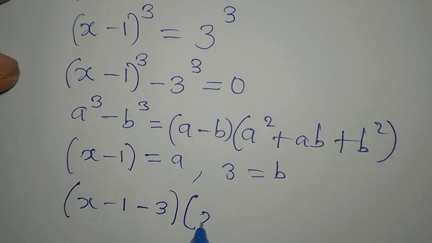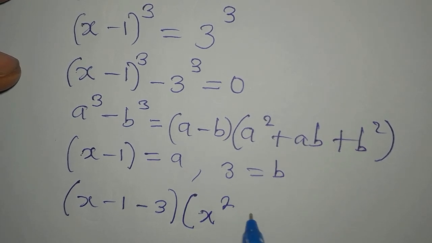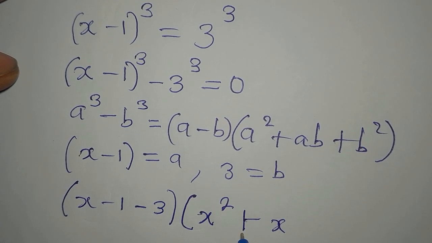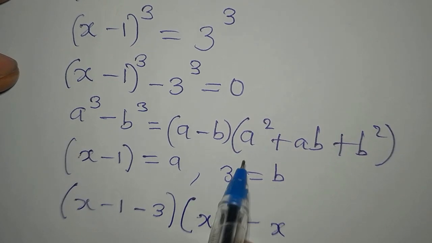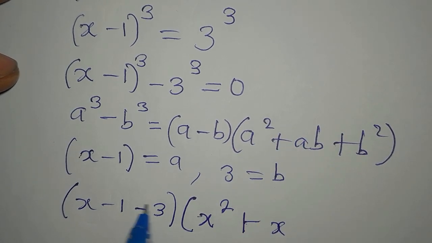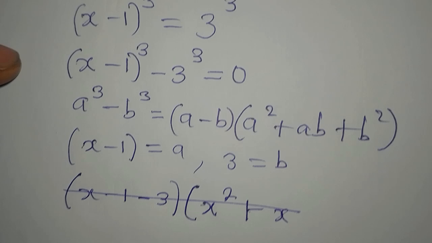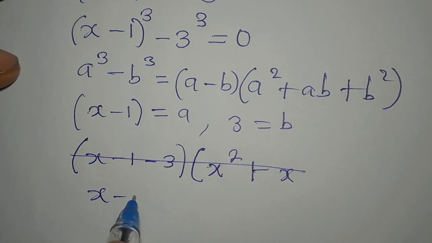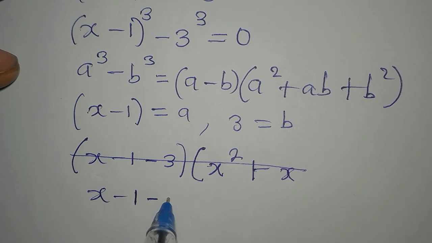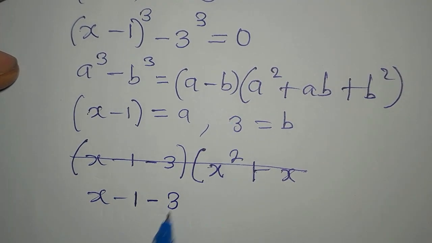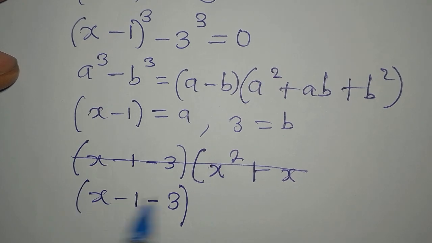By the way, our a squared will now be (x − 1) squared, so that means I have to redo this. So I have (x − 1 − 3) in the first bracket, because a is x − 1 and b is 3.